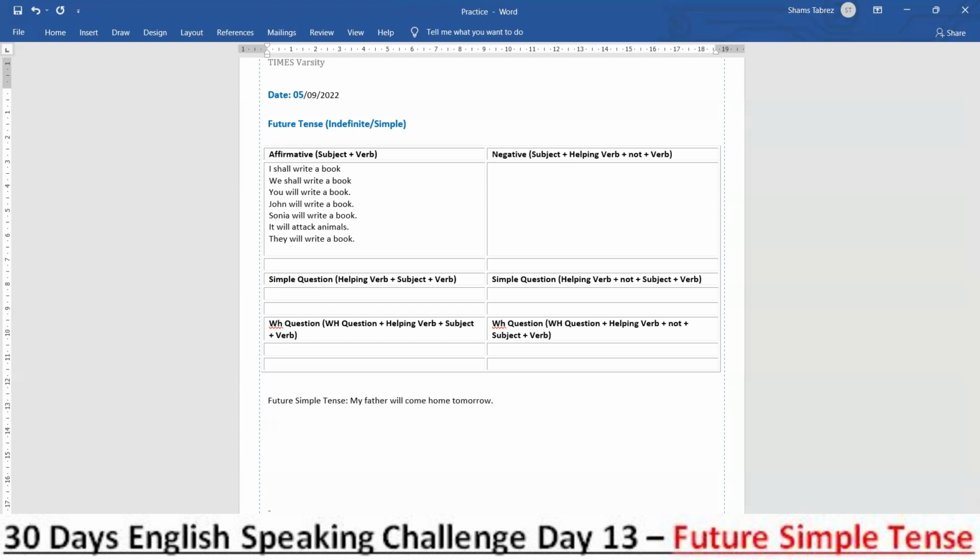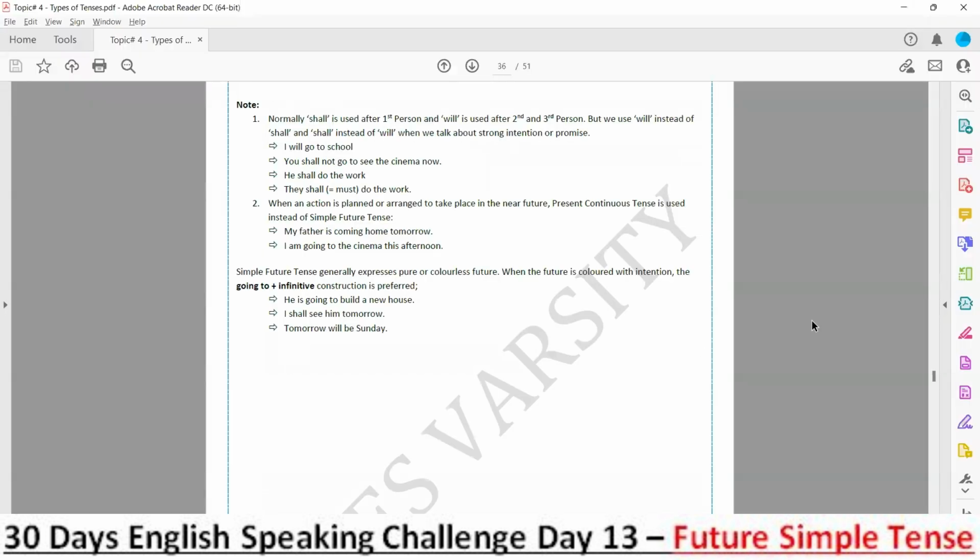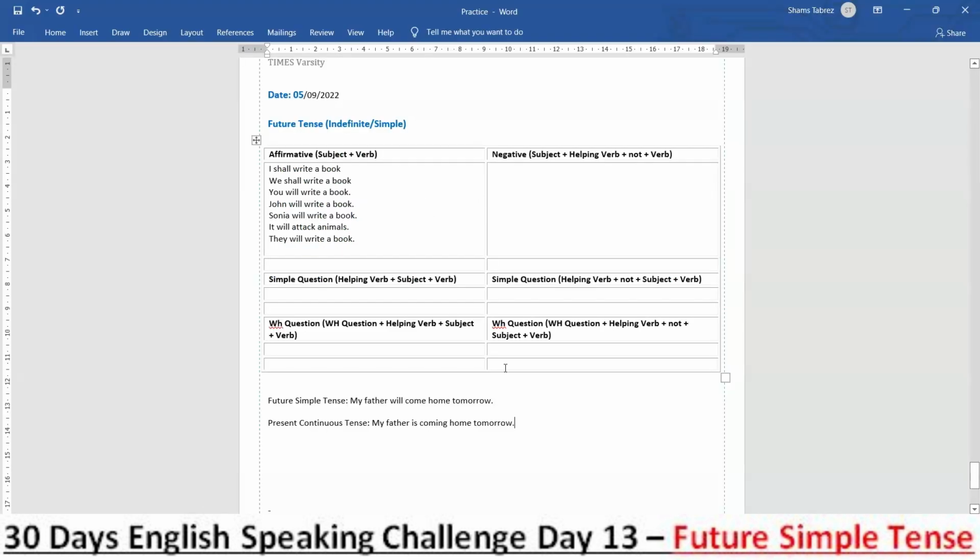So the same thing in present continuous tense you can also make: My father is coming home tomorrow.